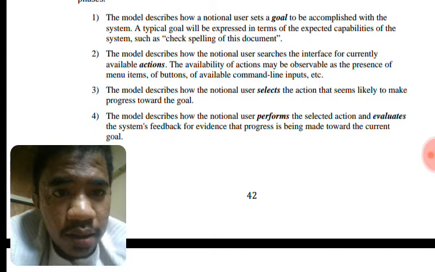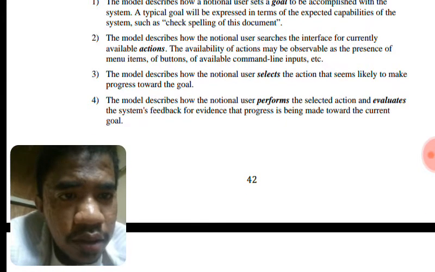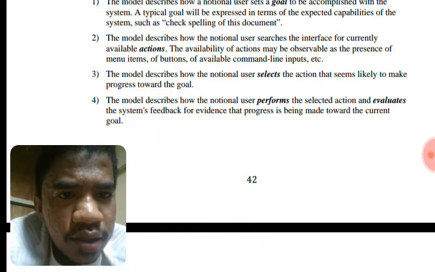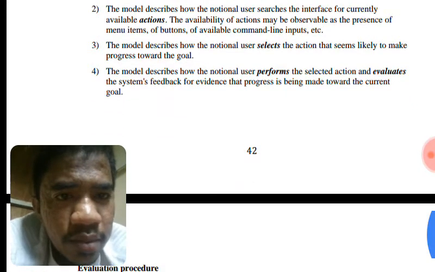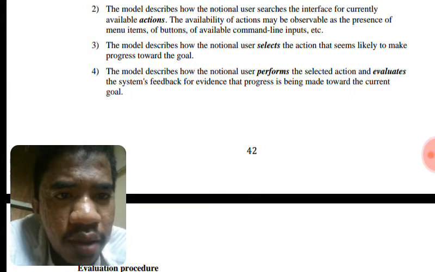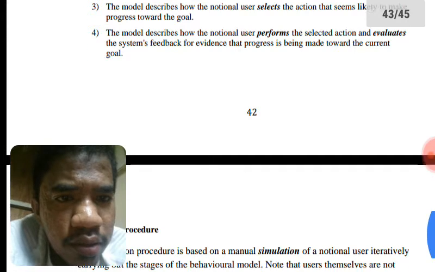The model describes how the notional user selects the action that seems likely to make progress toward the goal. The model describes how the notional user performs the selected action and evaluates the system feedback for evidence that progress is being made toward the current goal.